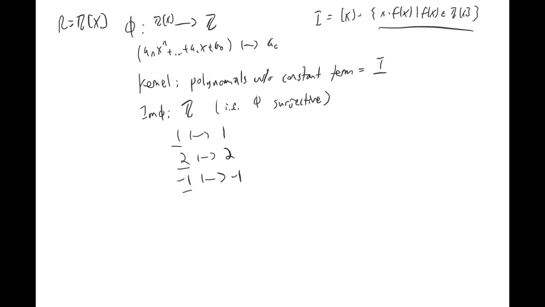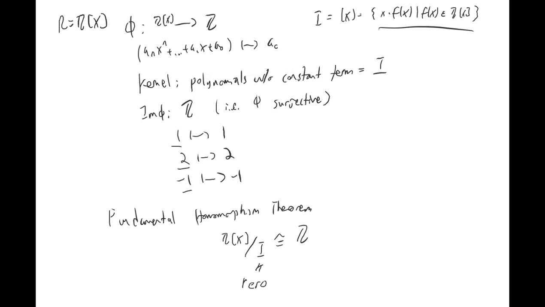So by the first isomorphism or fundamental homomorphism theorem, which I went over, this is another way to describe R mod I. So Z of x quotient I is isomorphic to Z, because I was the kernel of phi, and Z is the image of phi.